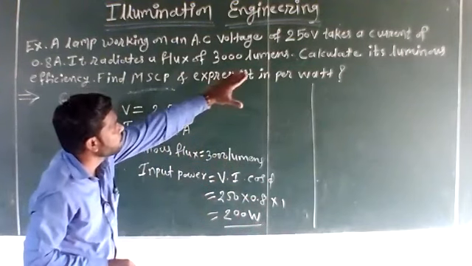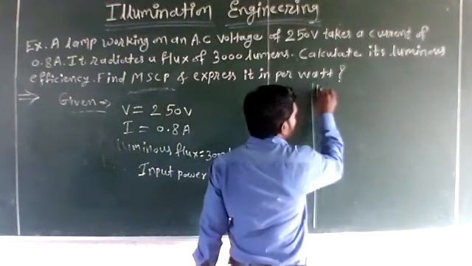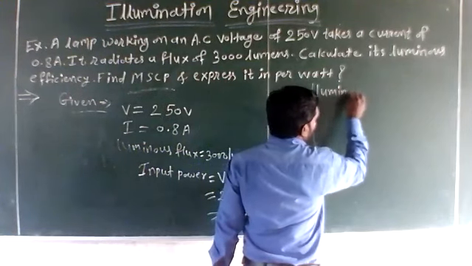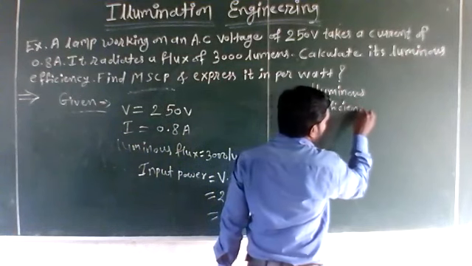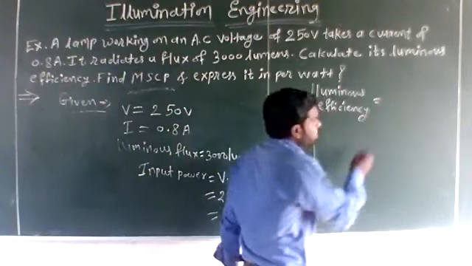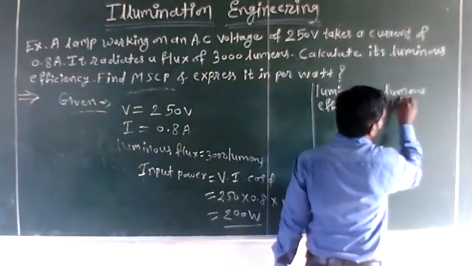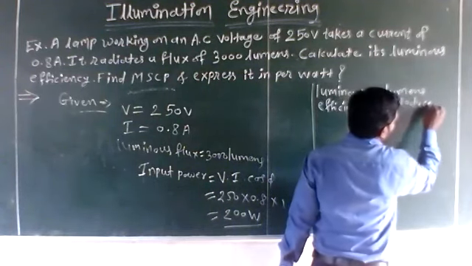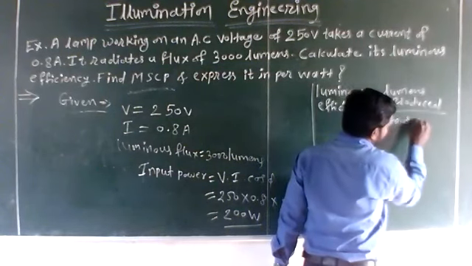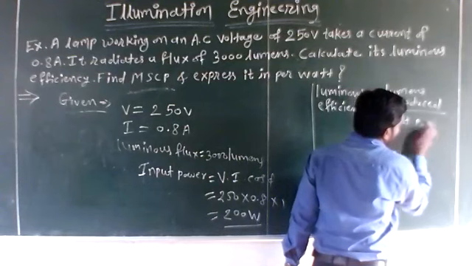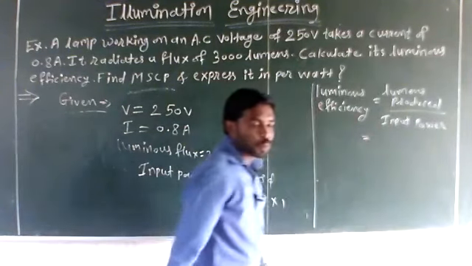Now use the formula of luminous efficiency or lamp efficiency. So luminous efficiency is equal to the lumens produced to the input power.